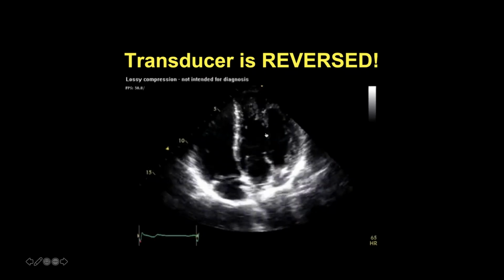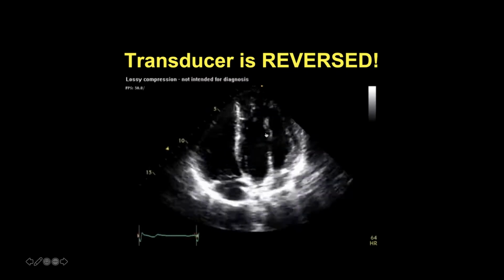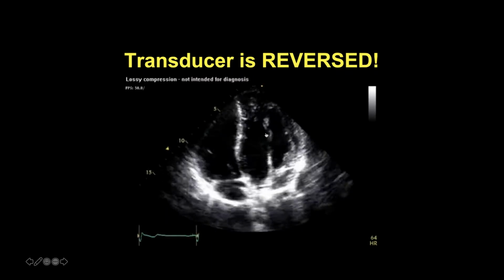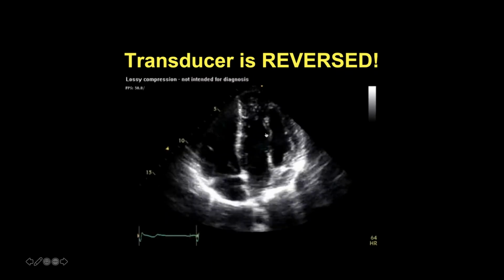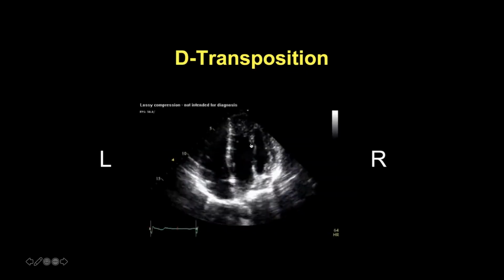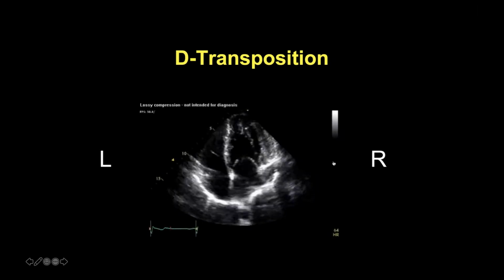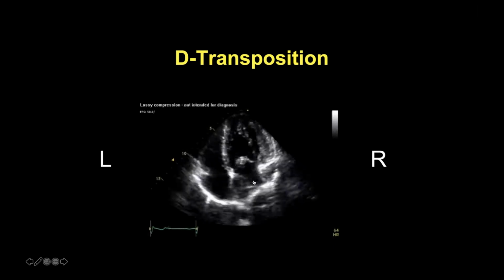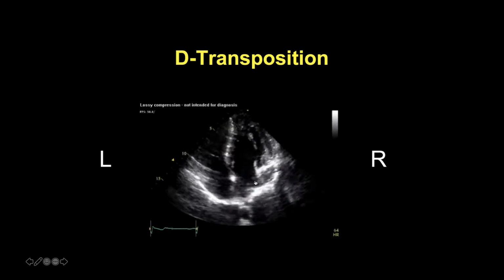There are international agreements where you position the transducer, or where you position the indicator of the transducer, so that you can identify rightness and leftness. But if you mix up this convention and if you don't adhere to the recommendation, I cannot tell anymore what's right and left. So what happened here, the sonographer reversed the transducer, so that's actually right, not left, and that's left. So now it makes sense.